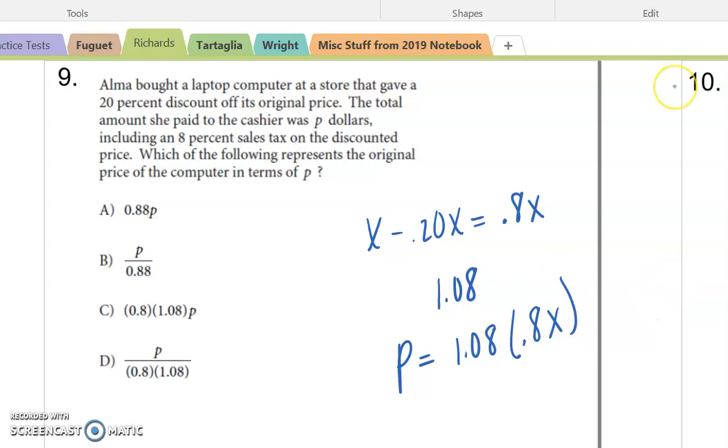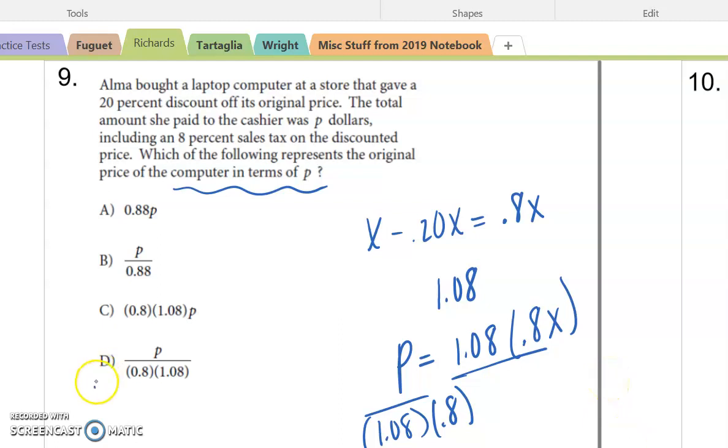And then because it wants it in terms of P, I would just divide by these two. I would put 1.08 on the bottom and 0.8x on the bottom. And that's going to be what the price was given.